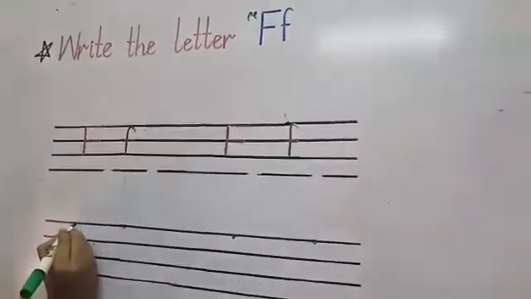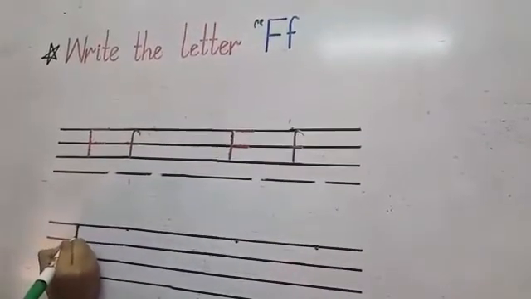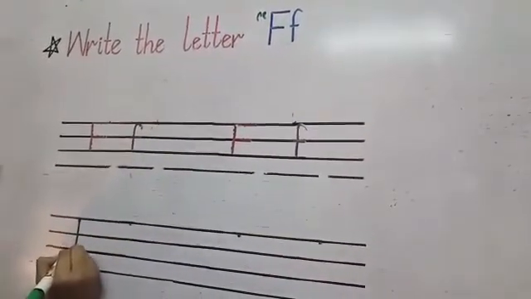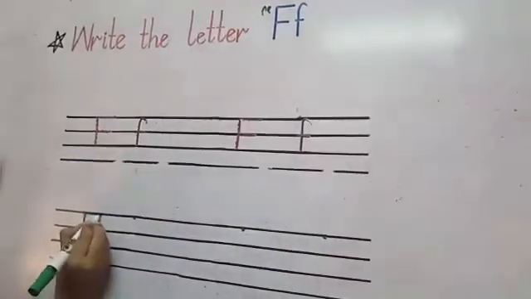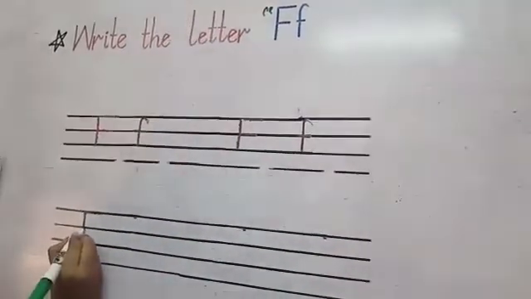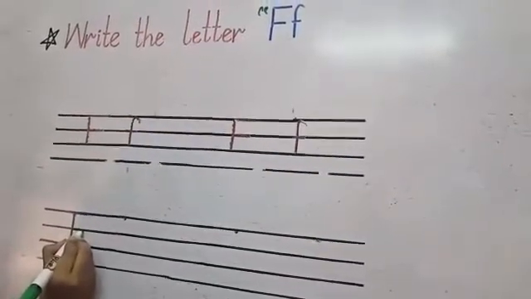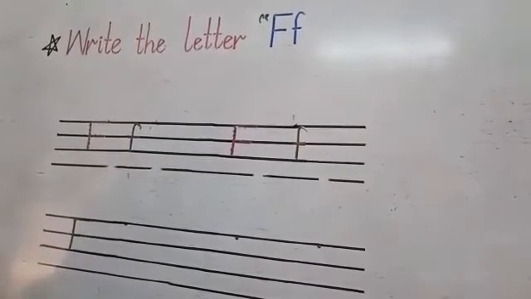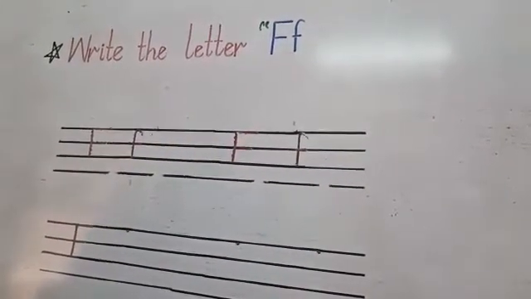Now I will tell you how to write F on one dot. Put the pencil on the dot and make a straight line. Down, down, touch the third line and make a skipping line in the first line. And make a second skipping line on the second line. The second line will be smaller than the first line.